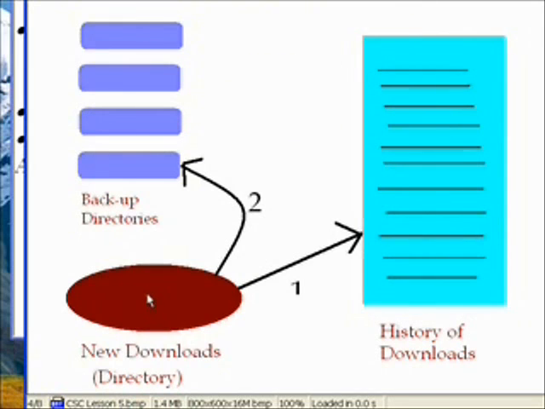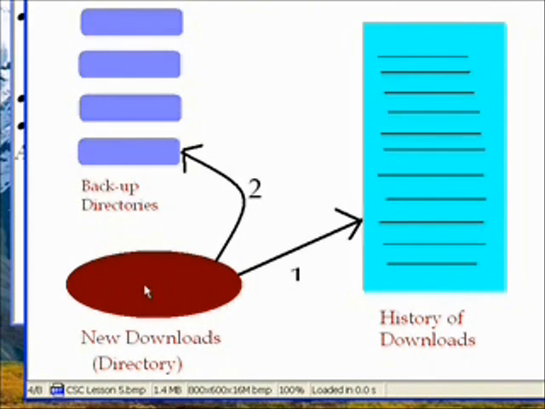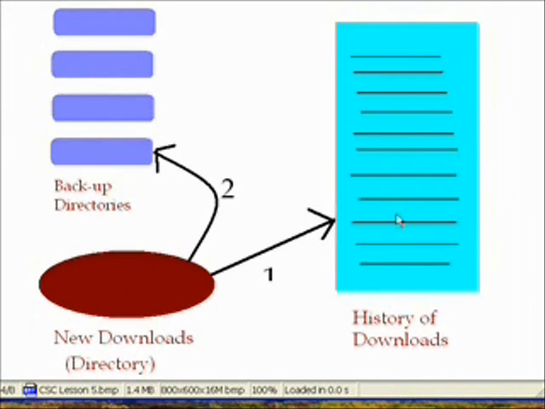And then we also do a listing of the files in the directory and append or add those files to the data structure in memory that we had added the initial list of the history file to.